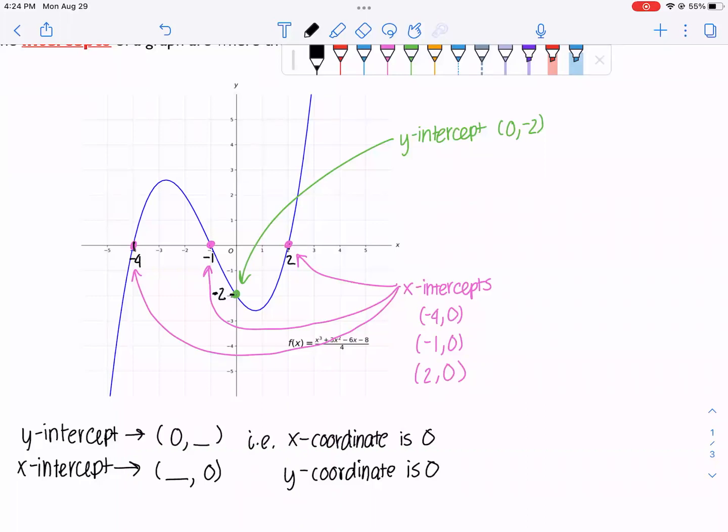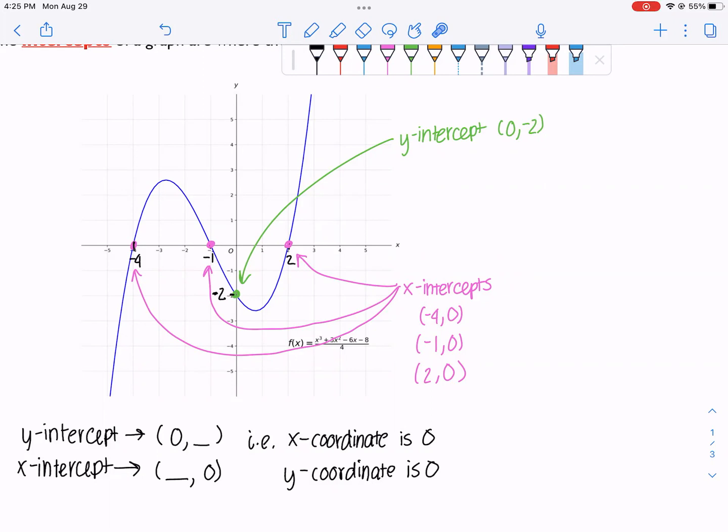Something to mention here is that sometimes when we're asking for x-intercepts and y-intercepts, we're looking for the value. So sometimes it's okay to just be lazy and say -4, -1, and 2 are the x-intercepts of this graph, and -2 is the y-intercept. Other times, problems are more specific and ask for the coordinate points of the x and y-intercepts.